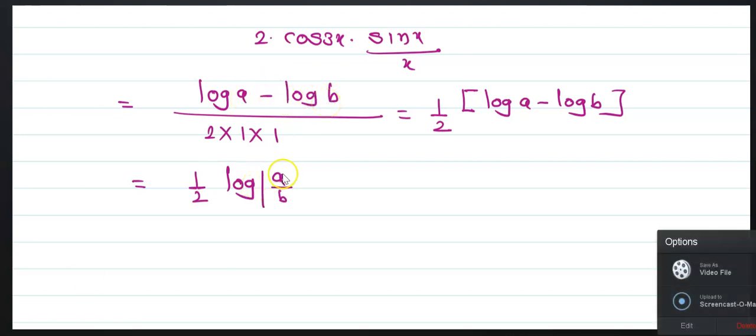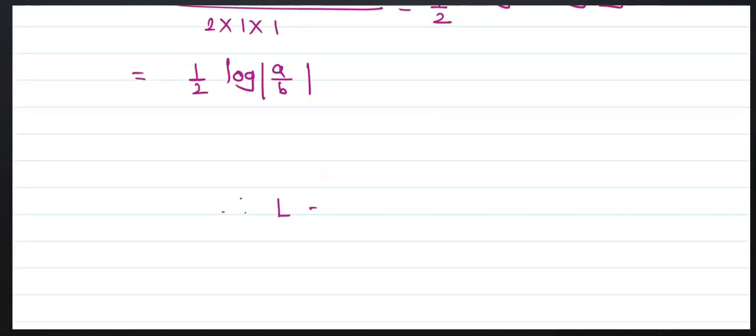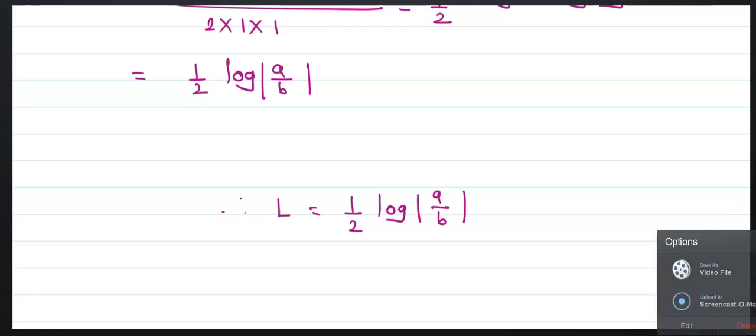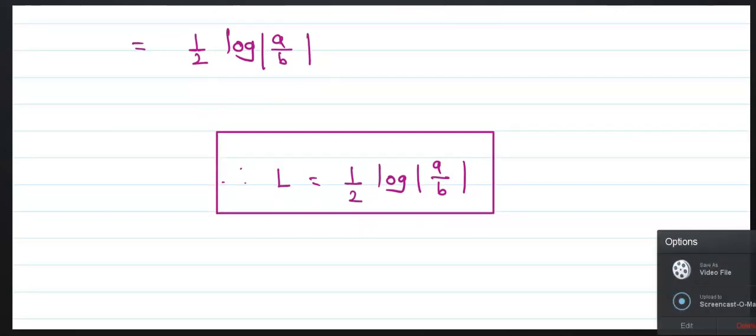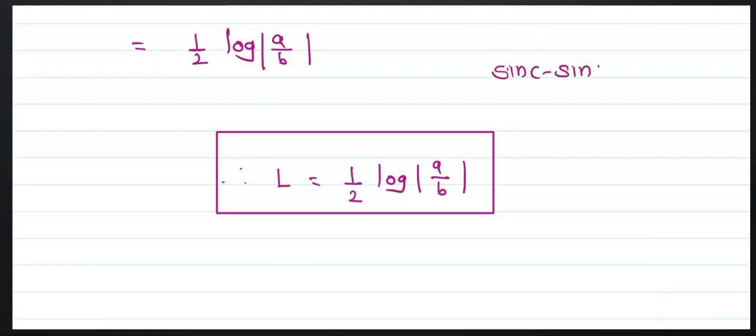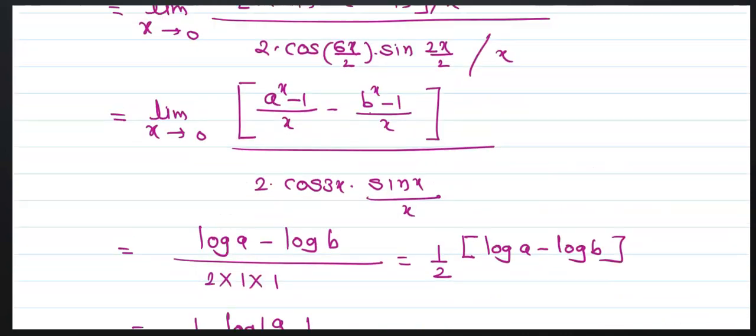Therefore, it is log of mod of a upon b. Therefore, 1 upon 2 log of mod of a upon b. This is the final answer. The formula for sin c minus sin d is 2 times cos of (c plus d) upon 2 sin of (c minus d) upon 2. These are the formulas.